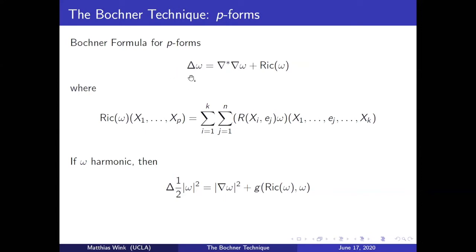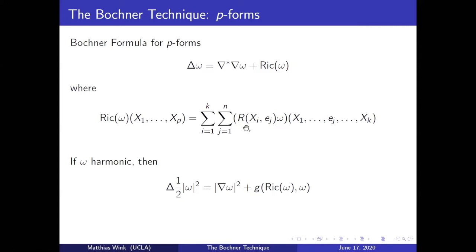But now we have a p-form, and so Ricci of omega is really a p-form. It's not the Ricci curvature anymore. So what is it actually? Well, to say what a p-form is, we have to evaluate it on p vectors. We want to take the curvature tensor R of our Riemannian manifold and apply it to omega.